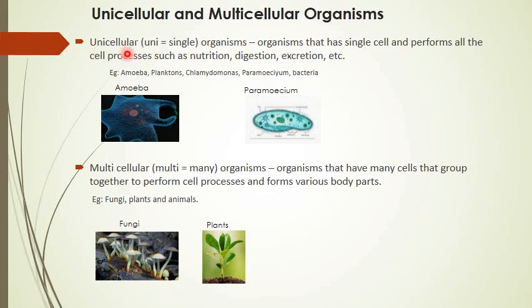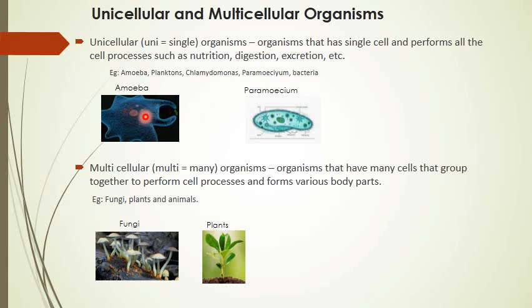Okay, so unicellular organisms are those organisms having a single cell and performing all the cell processes such as nutrition, digestion, excretion, etc. Such organisms are called unicellular organisms. For example, amoeba. See, here you can see it is taking the food inside, that is nutrition.